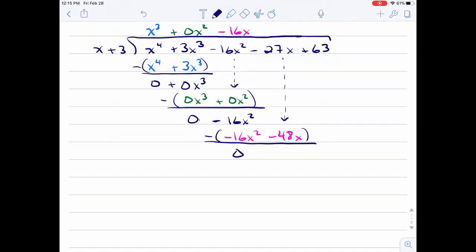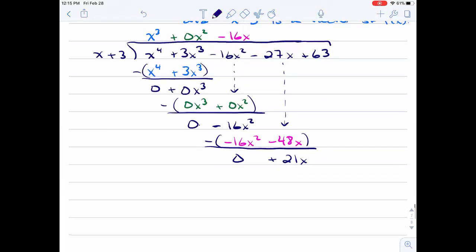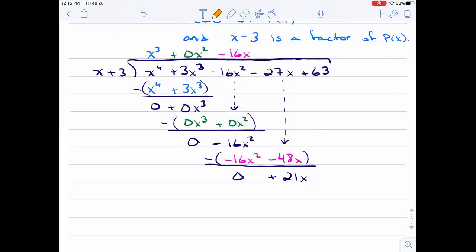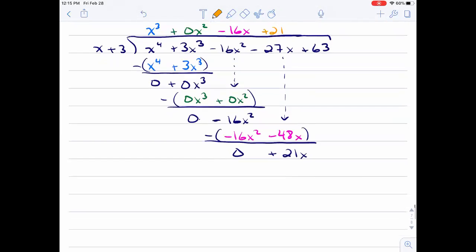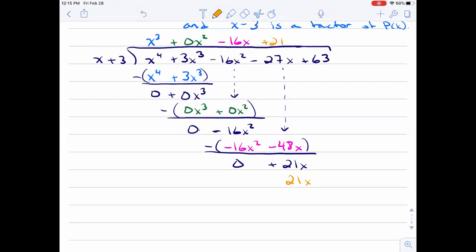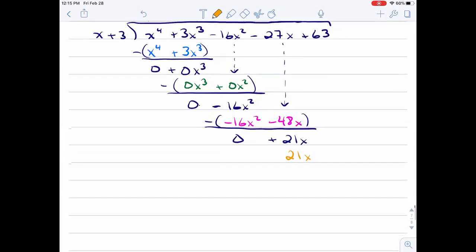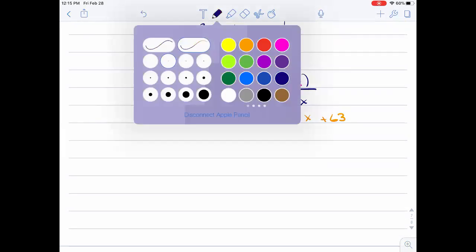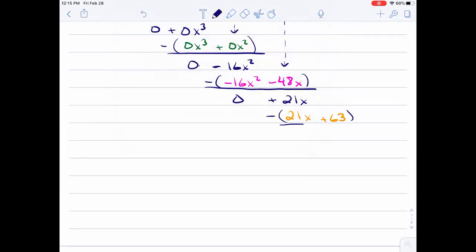Negative 27x plus 63. Oops. I think we did it, guys.